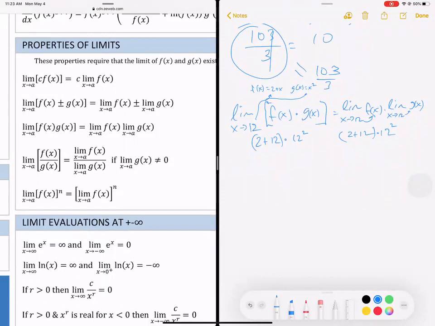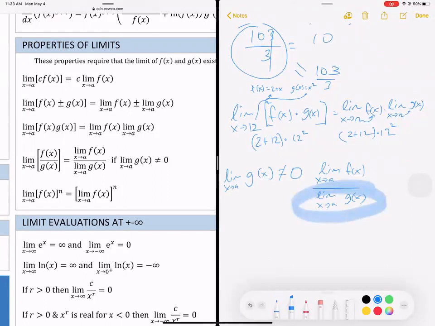So if you look at division, they always tell you where g of x, the limit as x approaches a of g of x, cannot be 0 because we cannot divide by 0 and expect that to have the same exact answer. So this guy here on the denominator cannot be 0, because then we would end up dividing by 0.